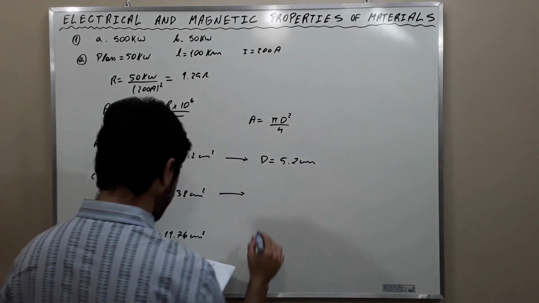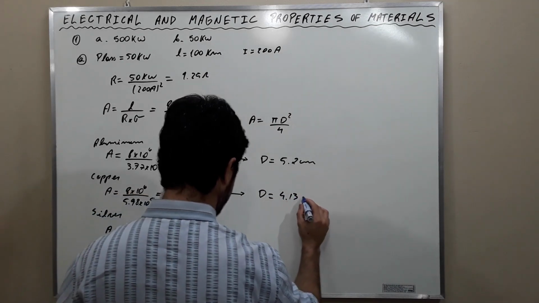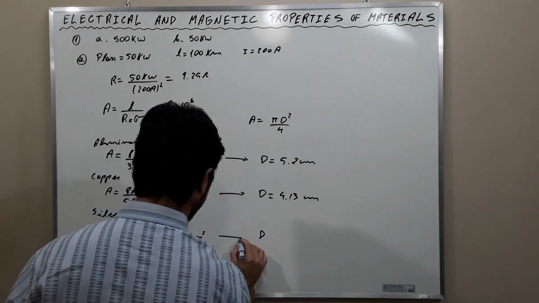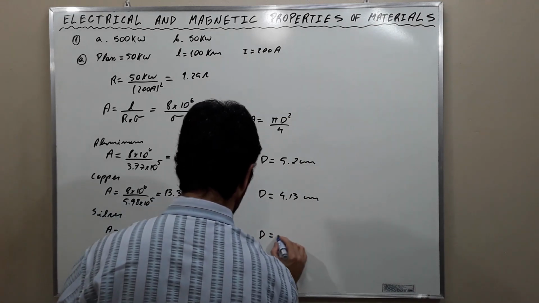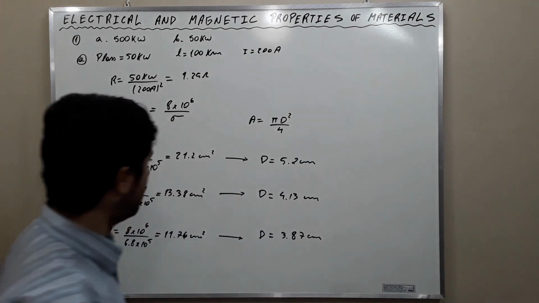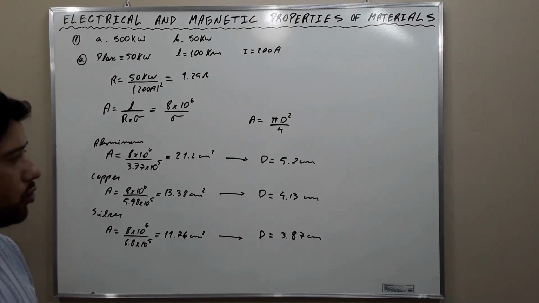For copper, 4.13 centimeters, and for silver, 3.87 centimeters. Okay? And what is our conclusion?